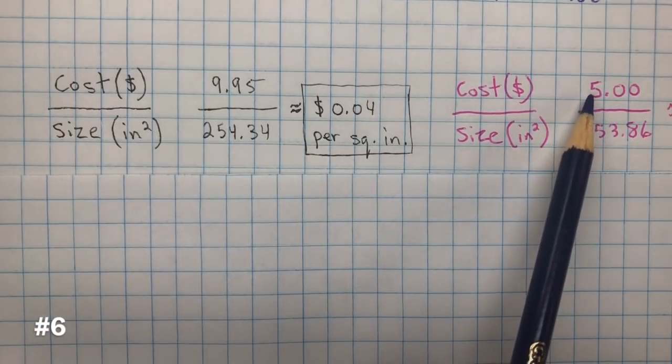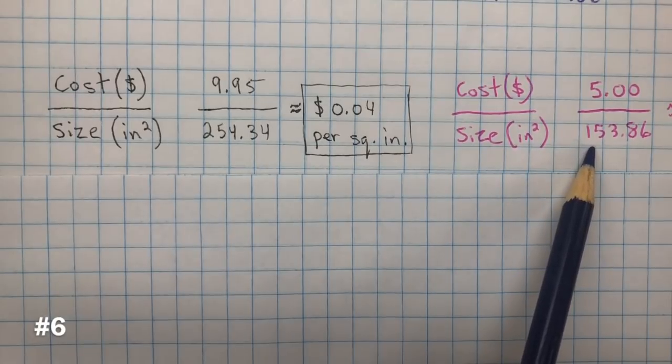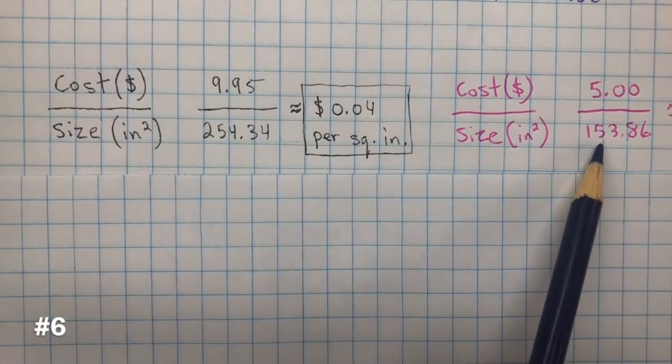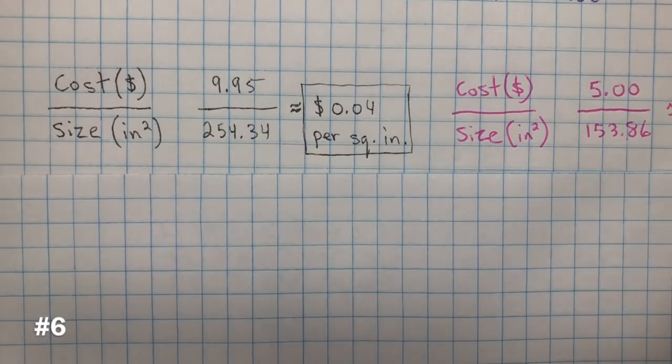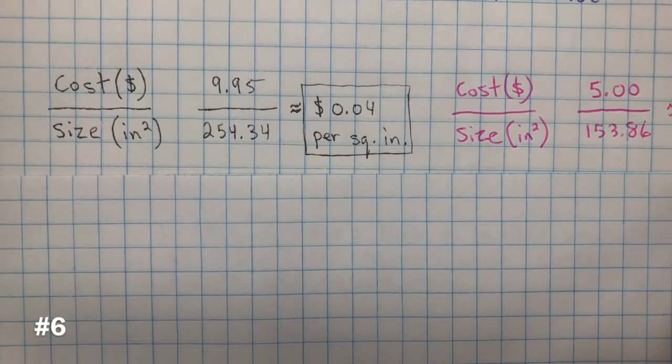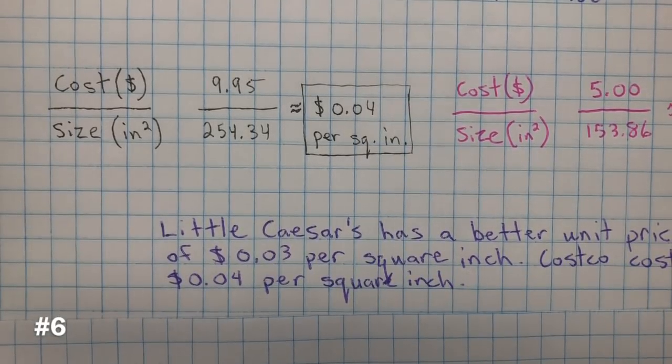The cost of the Little Caesar pizza is $5 divided by the total square inches, 153 and 86 hundredths, which gives us 3 cents per square inch. So Little Caesars has a better unit price of 3 cents per square inch. Costco's costs 4 cents per square inch.